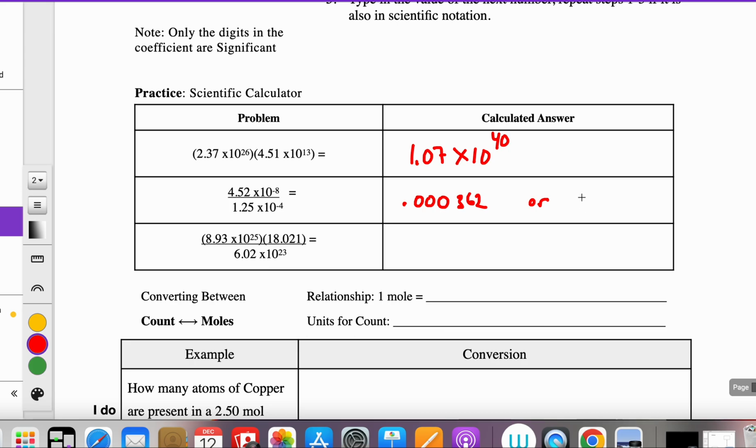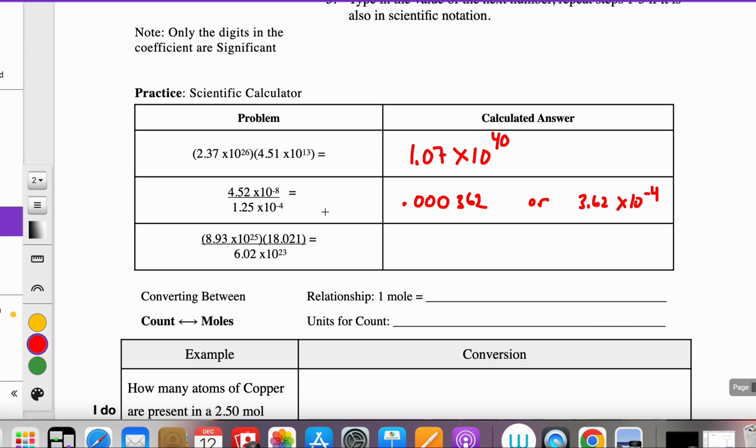So the scientific notation would be 3.62 times 10 to the minus 4th power. So if you get the decimal written out or scientific notation that looks like this, then you've put this correctly in your calculator.